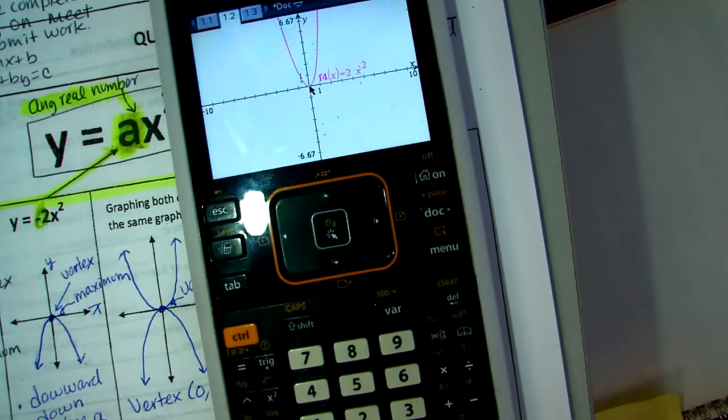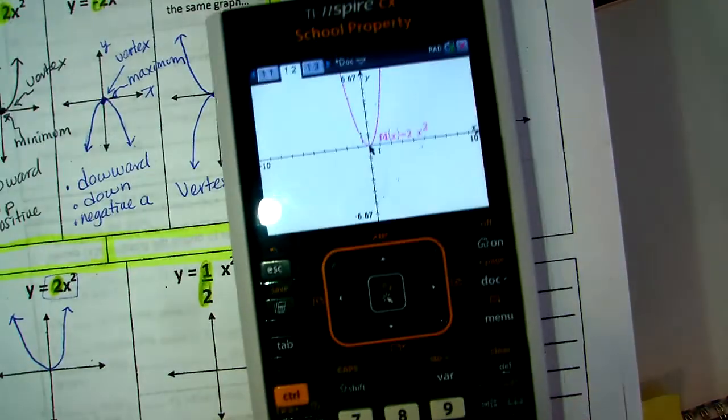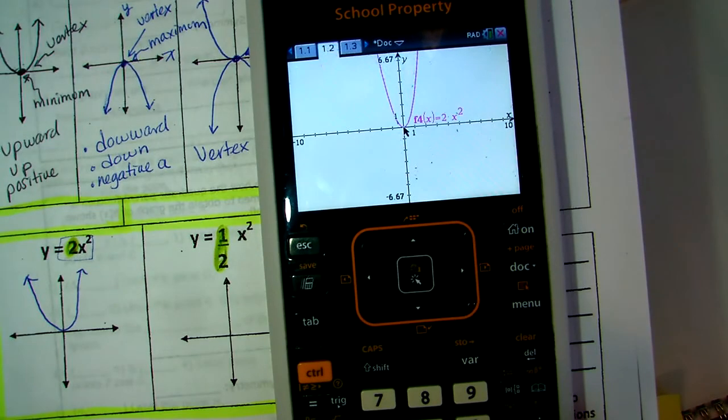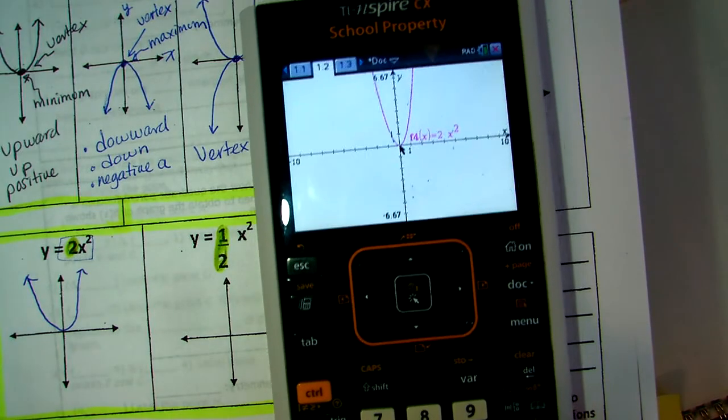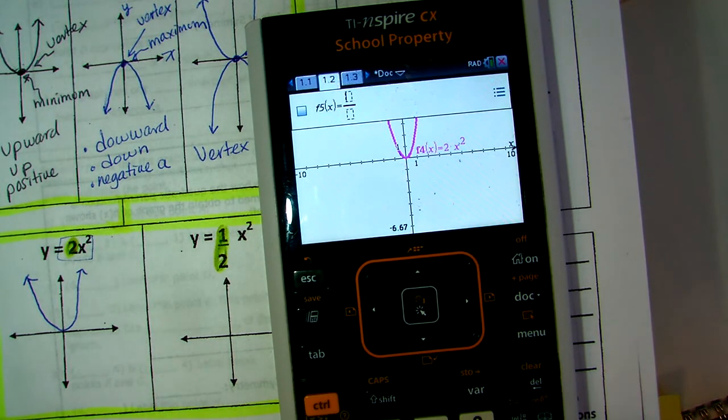So we're just working with the parent function with a coefficient different than 1. Alright, so this is our first graph. Now let's press tab and graph this one, 1/2 of x squared. Control divide, 1 over 2 x squared. Enter.